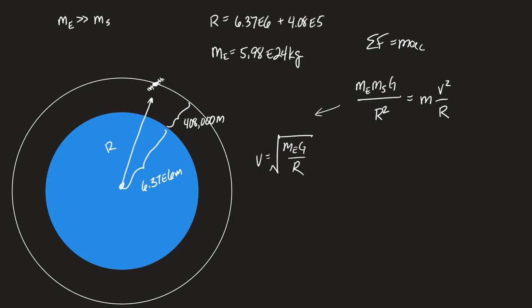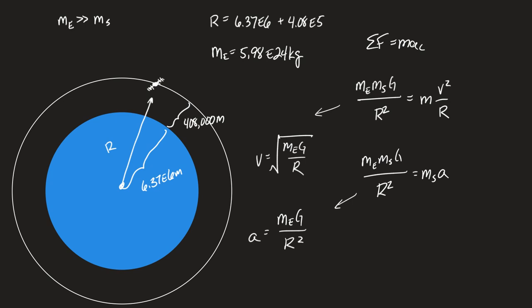Now, if you're asked to find the acceleration on the space station, you can find it here, but don't replace the acceleration with v squared over r. Just set this equal to ma and find the acceleration. This would be the acceleration on the space station from the Earth.